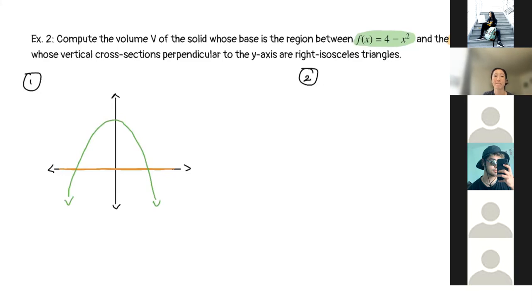Okay, so let's think about the directions of the purple lines that we should draw here. Read the question and tell me which way our purple lines should go. Should they be vertical or should they be horizontal? And most importantly, how do you know?